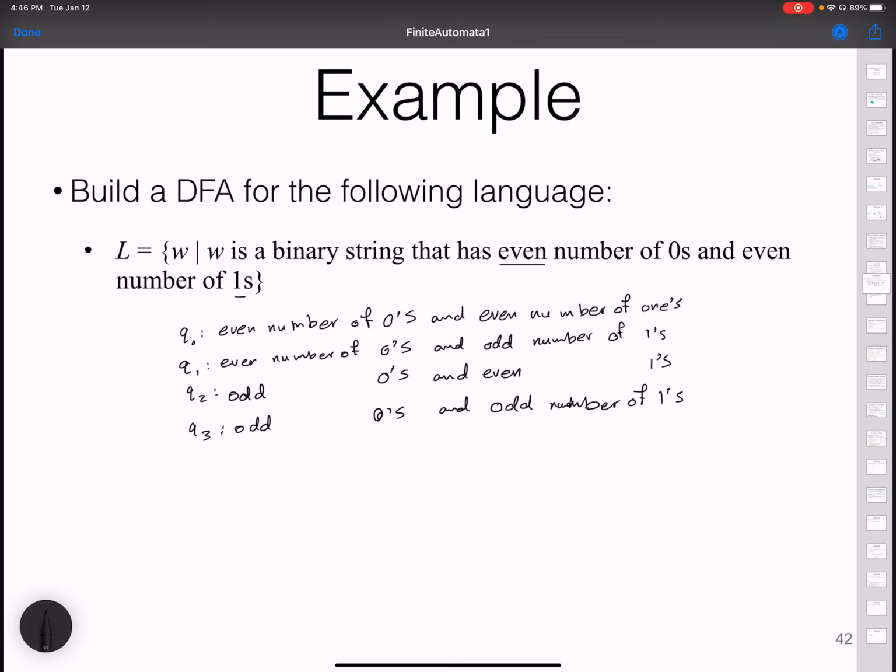So which one is going to be the accepting state? It is the one that has even number of zeros and even number of ones. So Q0 is going to be accepting. And which one is going to be the starting state? When you are recognizing the starting state, you should always think about the empty string.